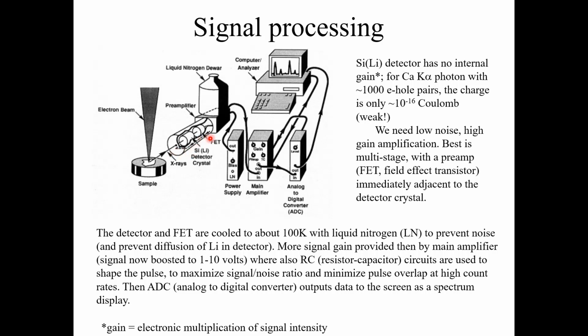Then we have the preamplifier, which is a field effect transistor, and after that we have the cooling process, for which liquid nitrogen is utilized. Onward, we have the main amplifier, which is connected to the analog to digital converter, that is the ADC, and the ADC is then connected to the computer for the final images. Electronic multiplication of signal intensity is also utilized in the process.